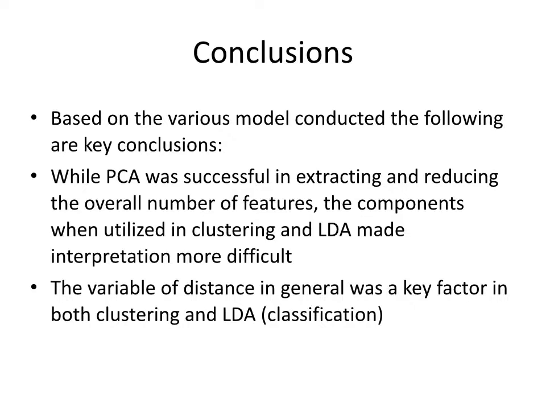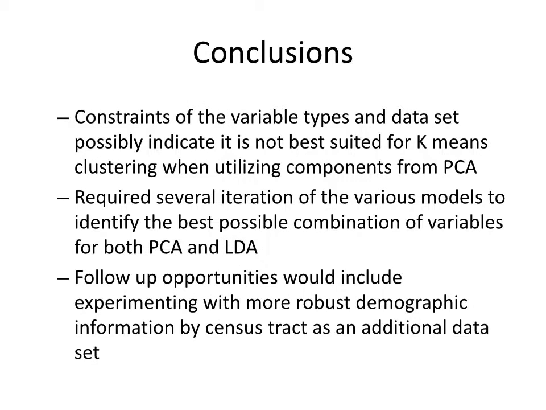The variable of distance in general was a key factor in both clustering and LDA specifically. Constraints of the variable types and the data set possibly indicate it is not best suited for k-means clustering when utilizing components from PCA. We required several iterations of all of the models to identify the best possible combination of variables for both PCA and LDA.